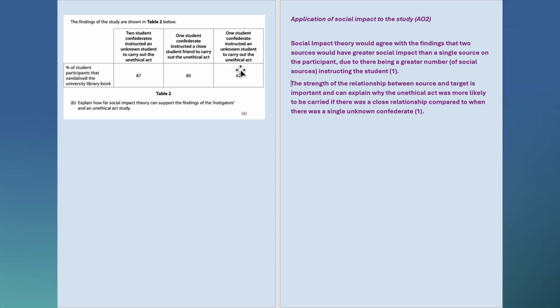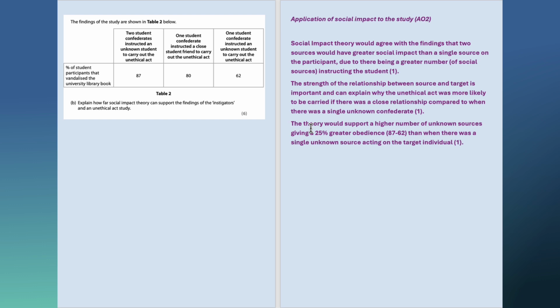So again, we are applying it directly to the study, showing that we understand social impact theory and showing that we can use the data to help us. Again, you could quote the data at them as well, but this isn't an explain a conclusion, so it's not strictly necessary to give the data.